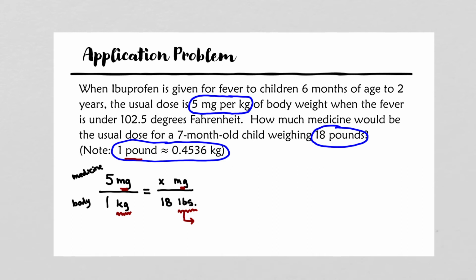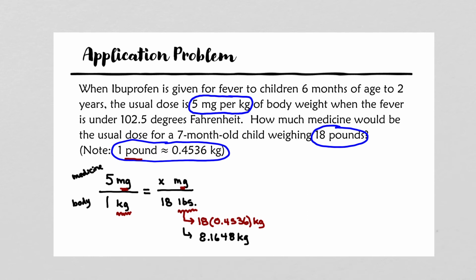So that means 18 pounds has to be 18 times 0.4536 kilograms. That's going to tell me the number of kilograms that 18 pounds is equivalent to. If I pull out my calculator and multiply 18 times 0.4536, that gives me that the number of kilograms that 18 pounds is equivalent to is 8.1648.